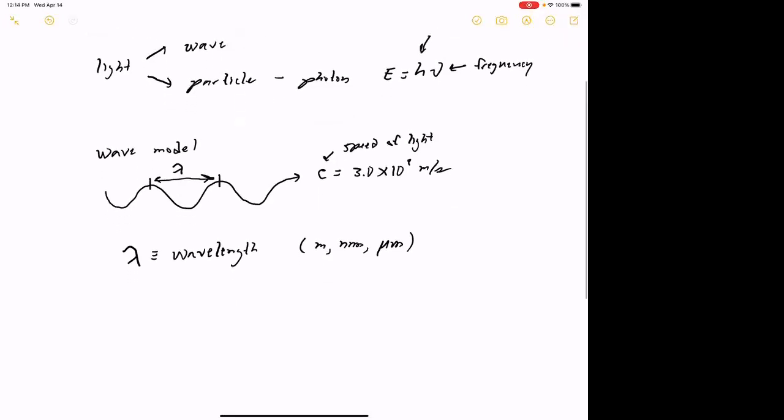And then there's the other thing we just talked about in the particle model, which is frequency, and that's nu. Frequency is what you get if you were standing in one place and counting the number of peaks that pass by you as the light propagates past you per unit time. It would be the number of cycles or peaks that you see per unit time passing by you.